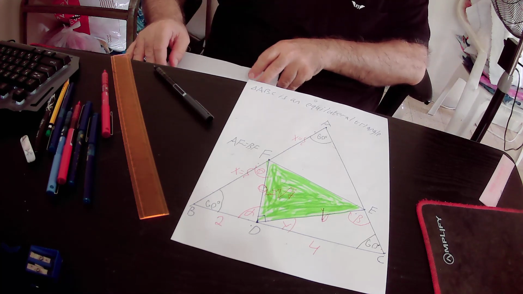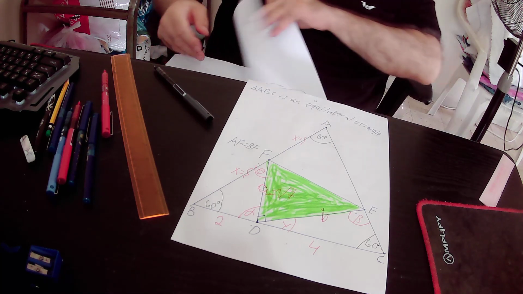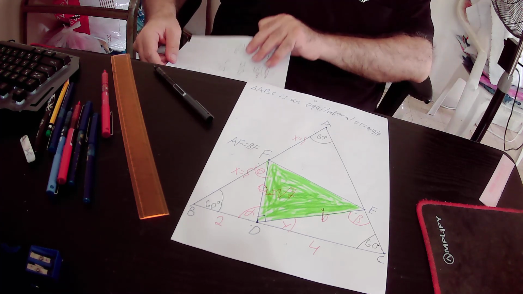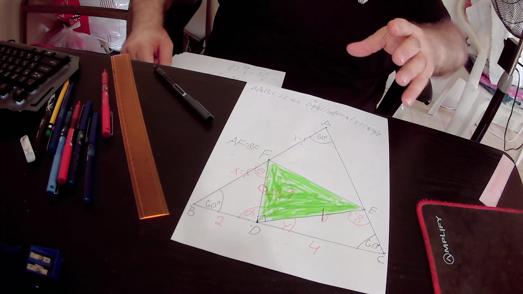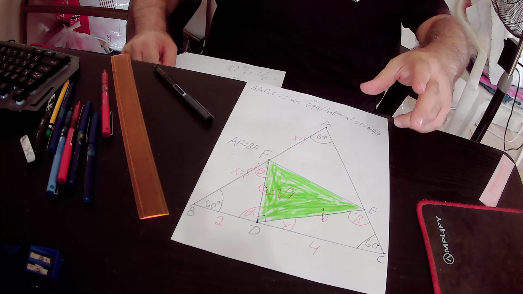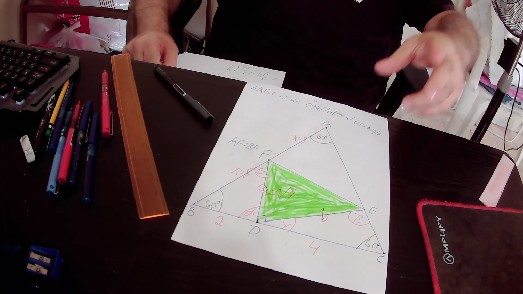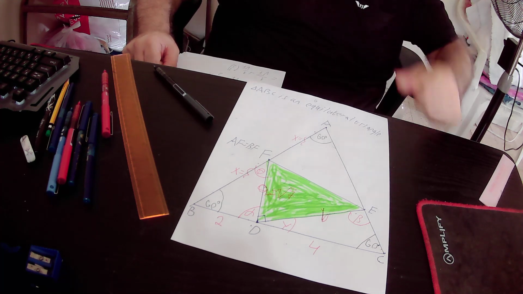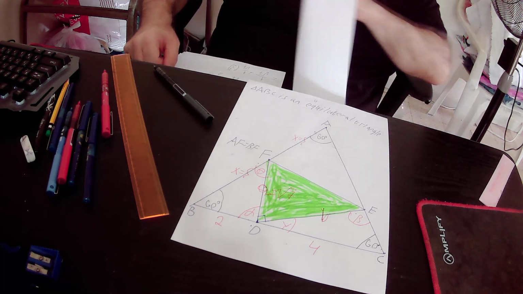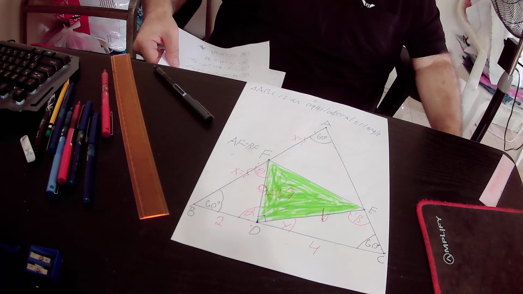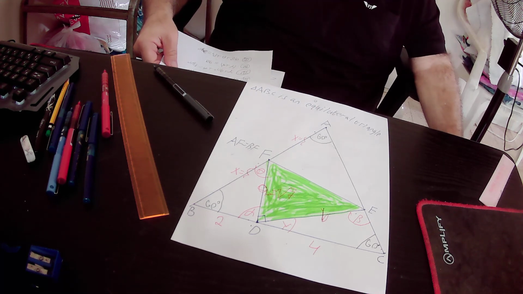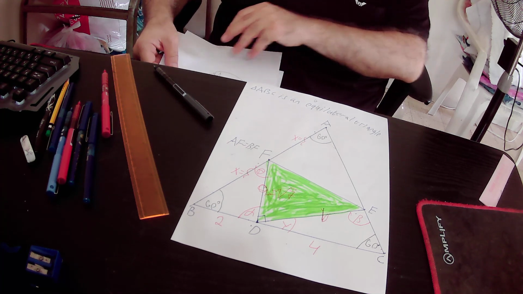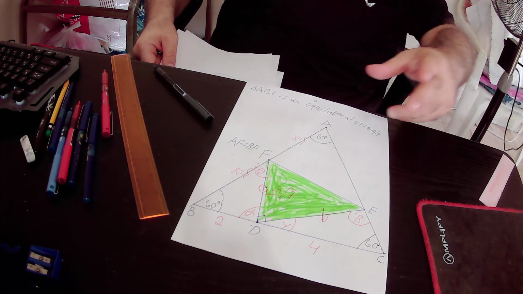First of all, we will find the size of every side in the equilateral triangle ABC. What is the size of the sides?